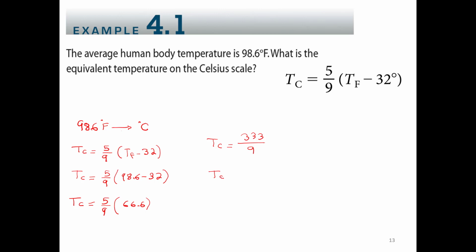And finally we divide 333 by 9, which is 37.0, and this is Celsius. Here we will say 98.6 Fahrenheit corresponds to 37.0 Celsius.